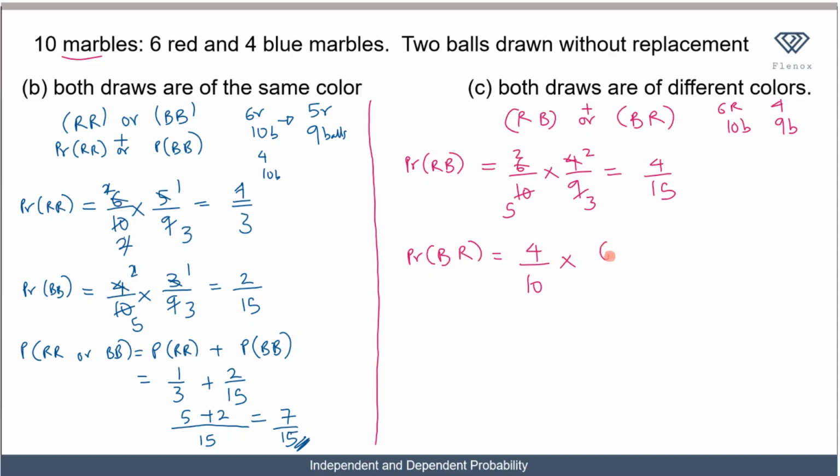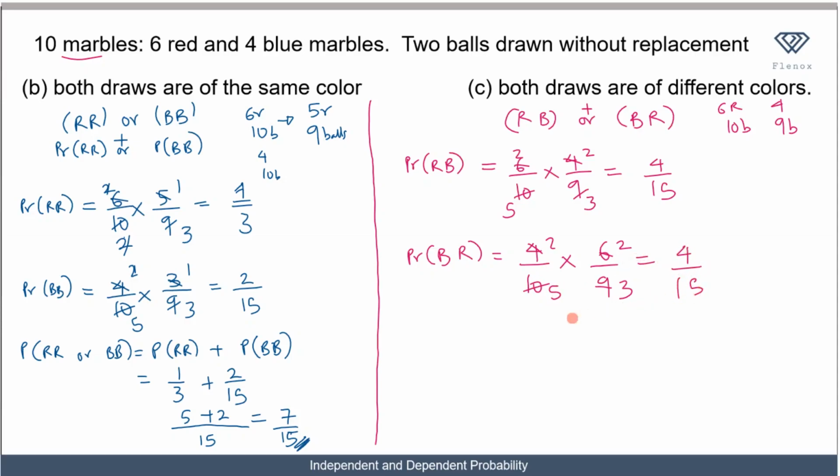So I still have my 6 balls intact. But now, the number of marbles has reduced by 1 because I've already taken one blue ball out initially. So times 6 over 9. And when you simplify, 3 here you get 2, and 3 here you get 3. 2 here you get 2, and 2 here you get 5. You get the same result, which is 4 over 15.